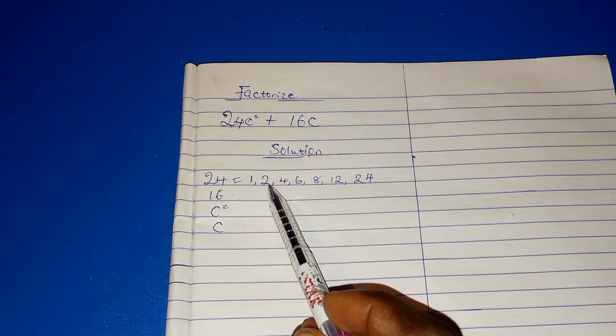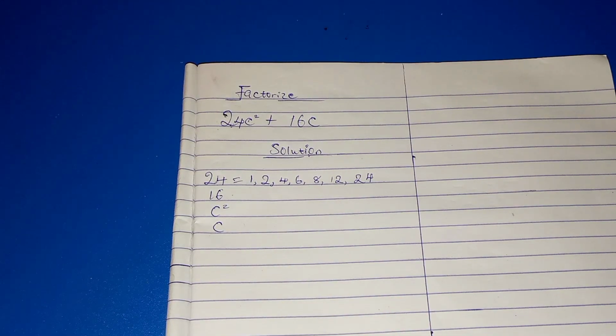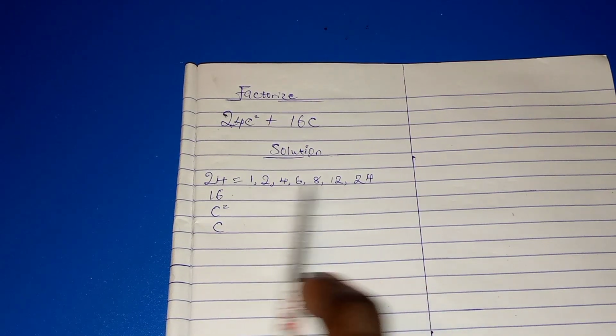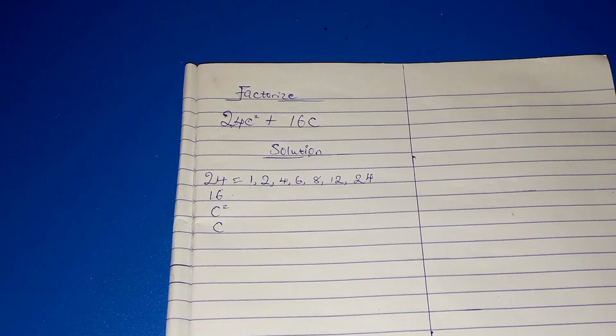If we divide 24 by 2, we get 12. So these numbers are called factors of 24, because when we divide 24 by them, we get a whole number without a remainder.